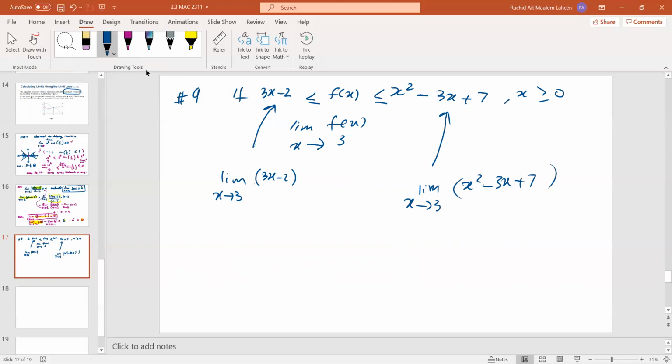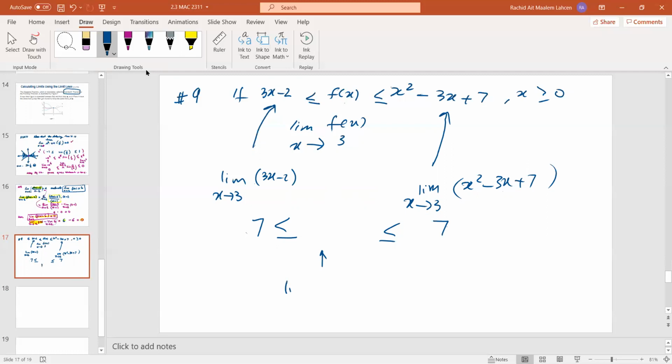So it looks like we can substitute in this one and this one, right? So we get 3 times 3 is 9, which gives 7, right? And here as well, a 7. So if you have a function that's stuck between 7 and 7, then it must be 7, right?